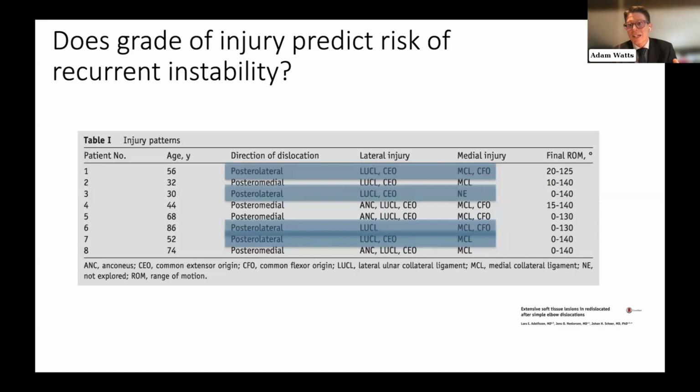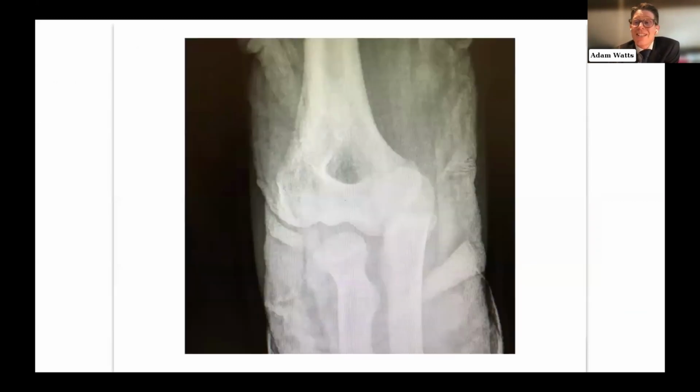So basically, they're grade 4 injuries. But what he also showed was that there's a disproportionate number of posteromedial dislocations, and that's important because it's a different injury. You have a more extensive lateral-sided injury, and the lateral-sided soft tissue structures are important, and therefore they're much more likely to go on to recurrent instability.